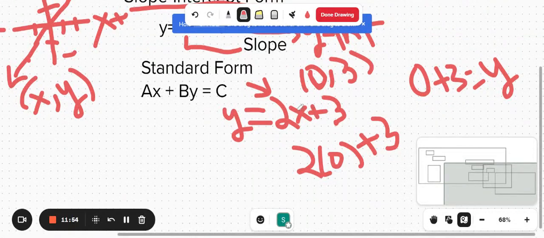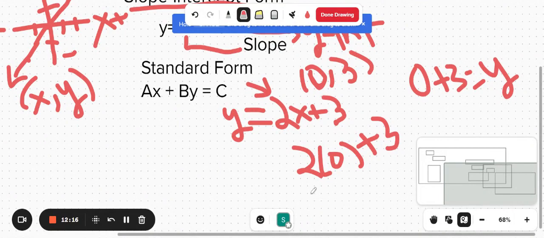Now, if you wanted to find the x-intercept, there is no simple formula, or in this case, the b value is the y-intercept, there's no such thing with the x value. But what you can do is, like I said, the x-intercept is when the y value is 0. So all you have to do is set the equation equal to 0, because the y value is 0.